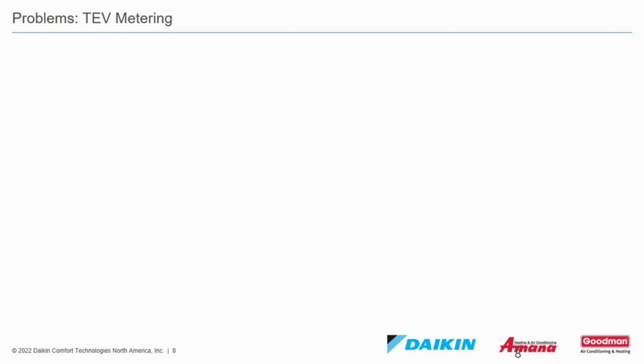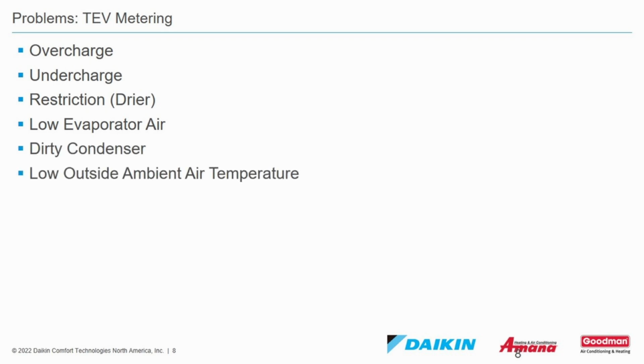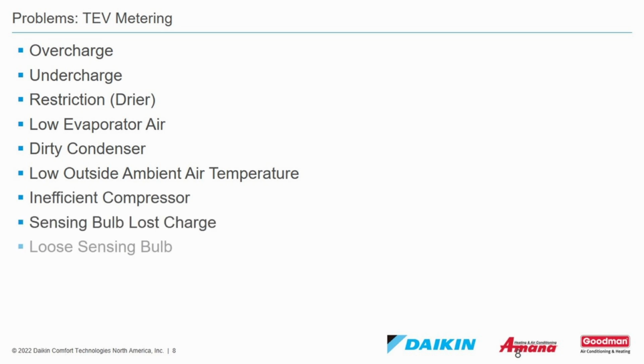Problem possibilities with TEV or thermostatic expansion valve metering, also referred to as a TXV: overcharge, undercharge, refrigerant system restriction, low evaporator airflow, dirty condenser, low outside ambient air temperature, inefficient compressor, sensing bulb lost its charge, loose sensing bulb, improperly insulated sensing bulb.